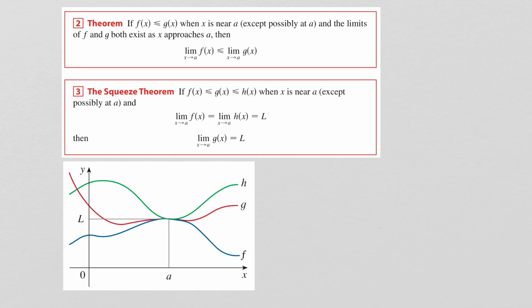If the limit of the bottom function and the limit of the top function both approach the same value, L, then the limit of the middle function gets squeezed in between those two and must approach that same limit. And this is what we call the squeeze theorem. Let's take a look at an example.